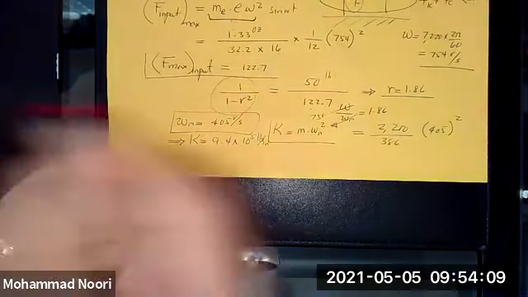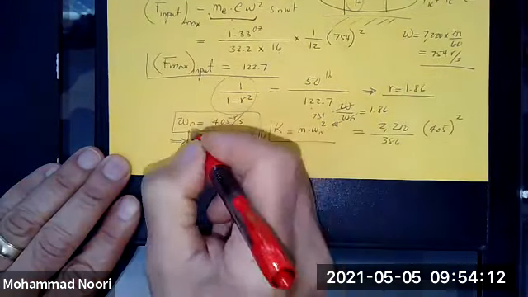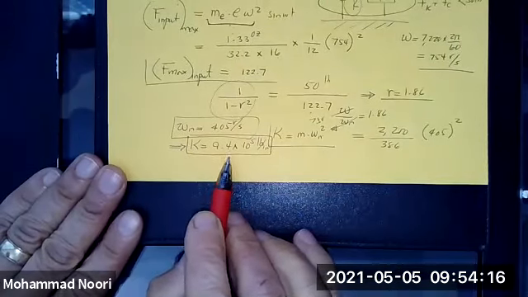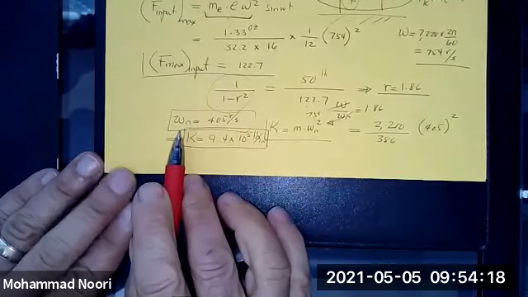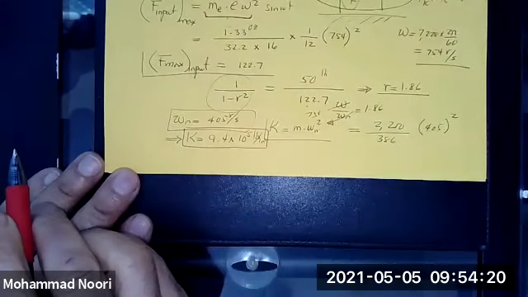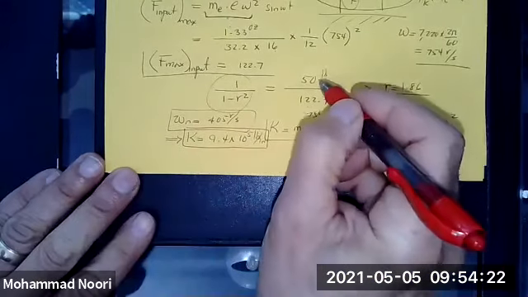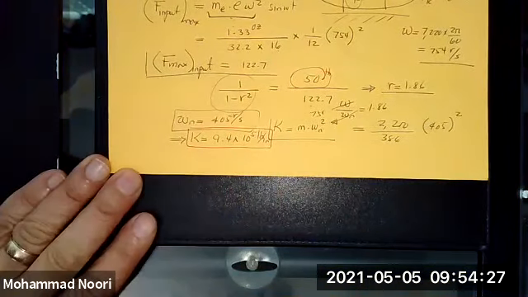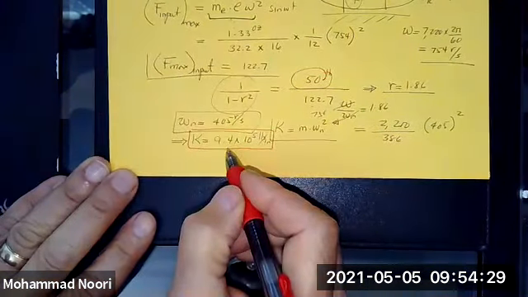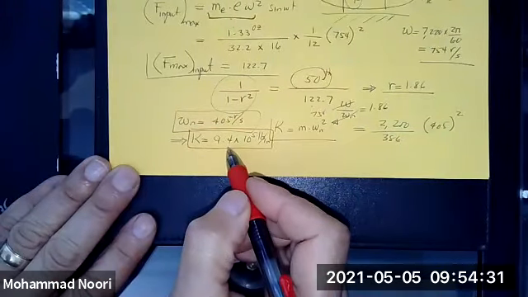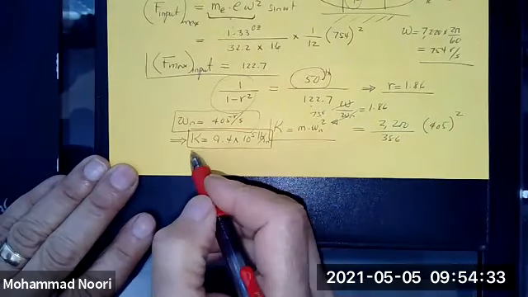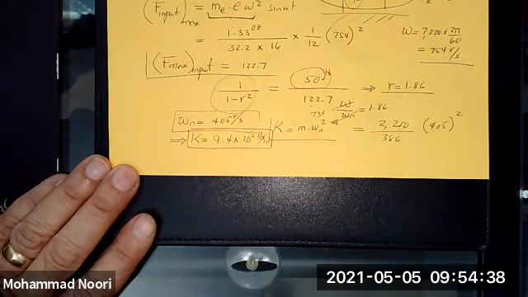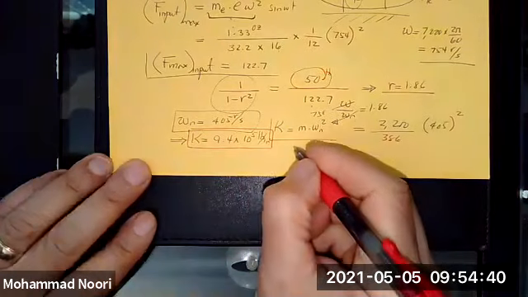So if we design that support structure to have a stiffness of this much, that would guarantee that the force transmitted will be only 50 pounds. But is this safe enough? In other words, is this not too soft, causing too much static displacement under its own weight? So let's find that out.